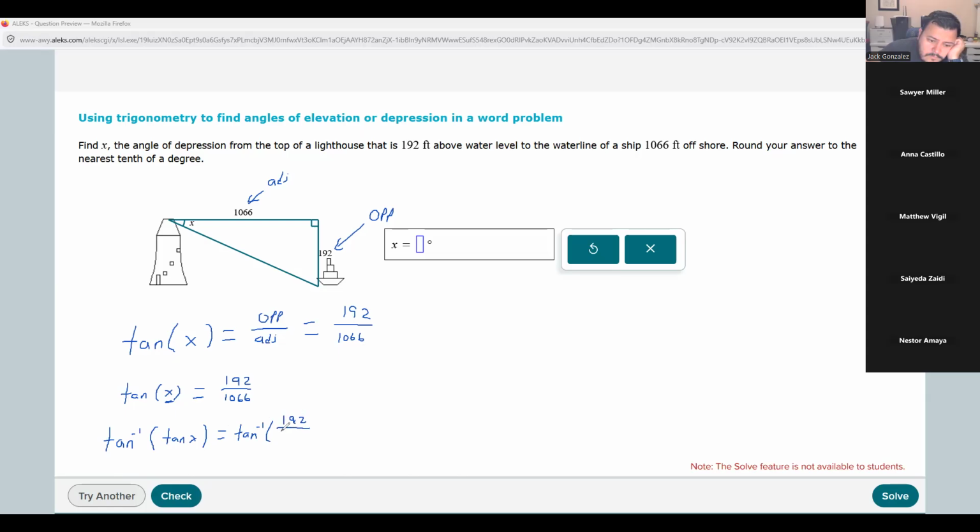So x is equal to this. So that implies x is equal to tan inverse of this. So make sure you're in degrees and plug it in, and you'll get your answer.